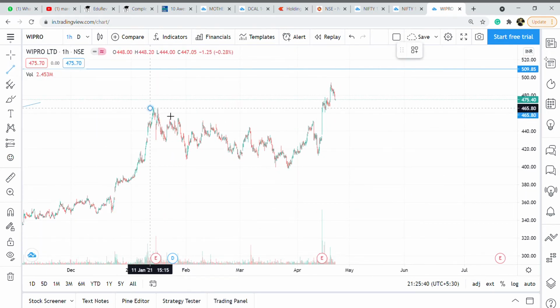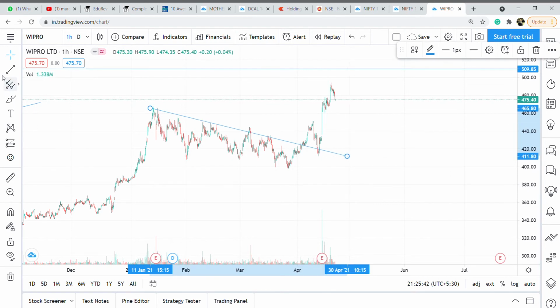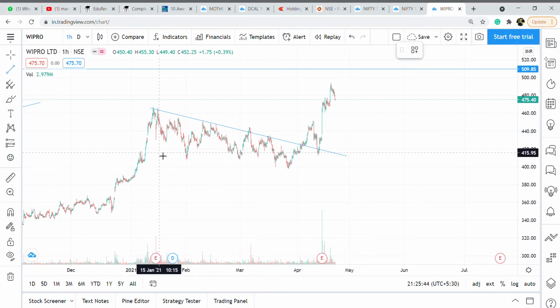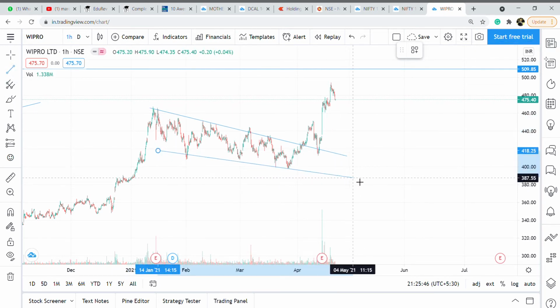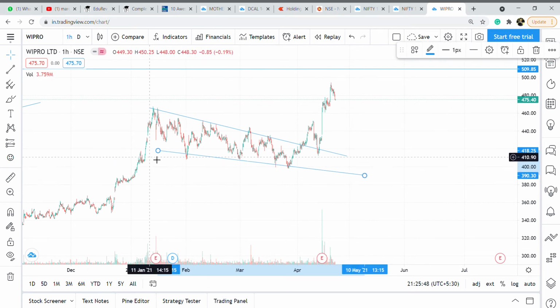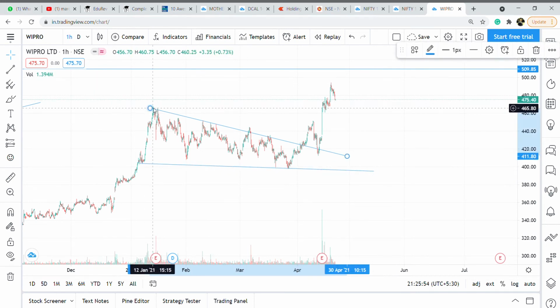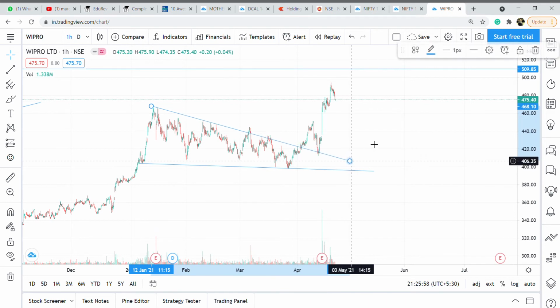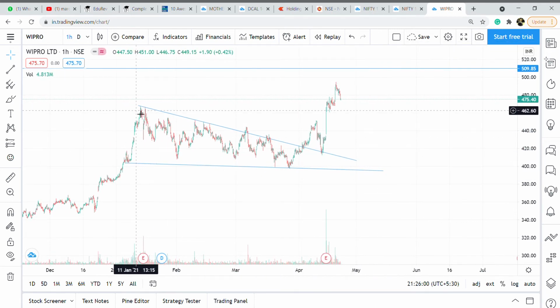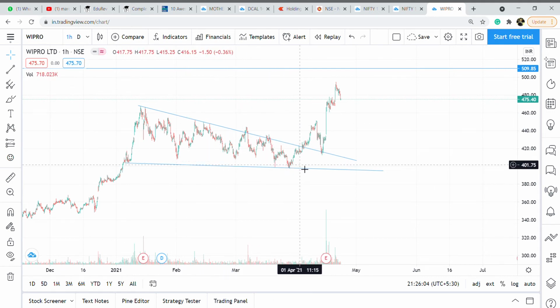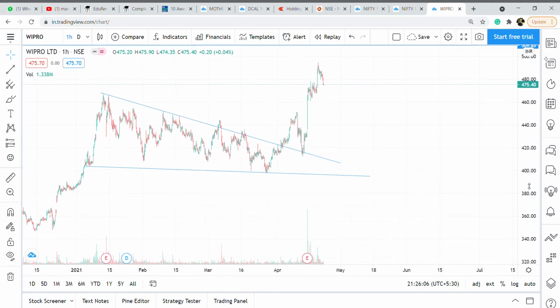there is something called a falling wedge pattern, which basically looks like this, where the wave converges gradually, and after some point it actually gives a breakout.